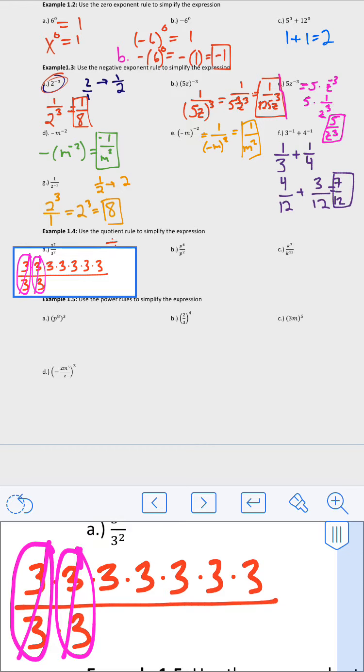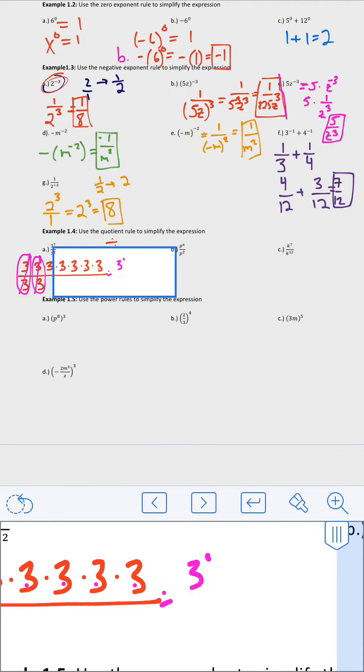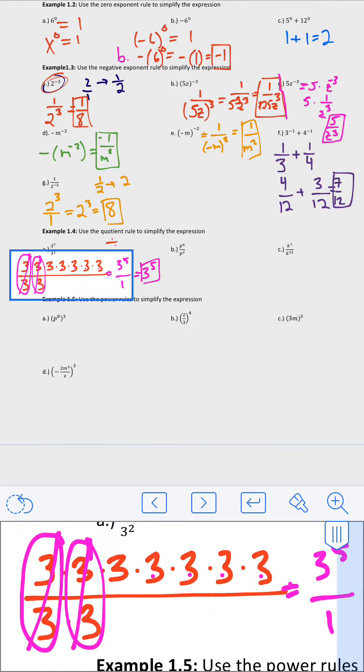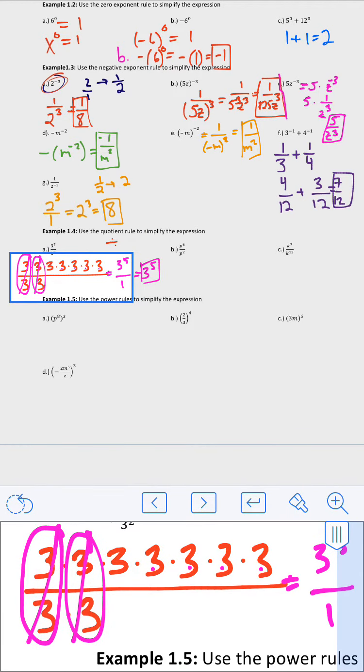So how many 3's am I left with? Well, I'm left with 1, 2, 3, 4, 5 on the top, and none on the bottom, so just a 1 on the bottom, and I end up getting 3 to the 5th. Alrighty, sounds good, right? And so it's basically a game of how many can you cancel. If I've got 7 on the top and 2 on the bottom, I can cancel 2 of them.